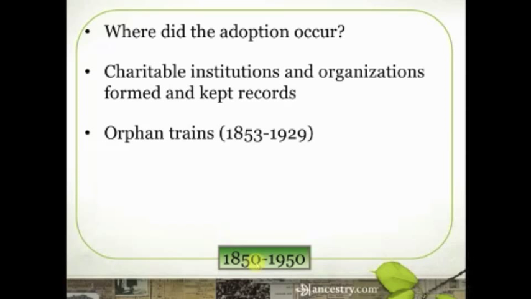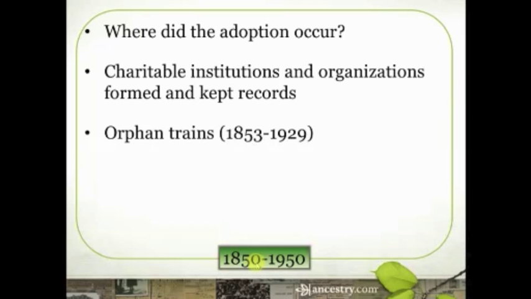I can't talk about 1800s adoption and orphanage situations without just mentioning the orphan trains. If you're not familiar with them, it's a very fascinating piece of history. From about 1853 to about 1929, orphanages, particularly in New York City, were overrun.